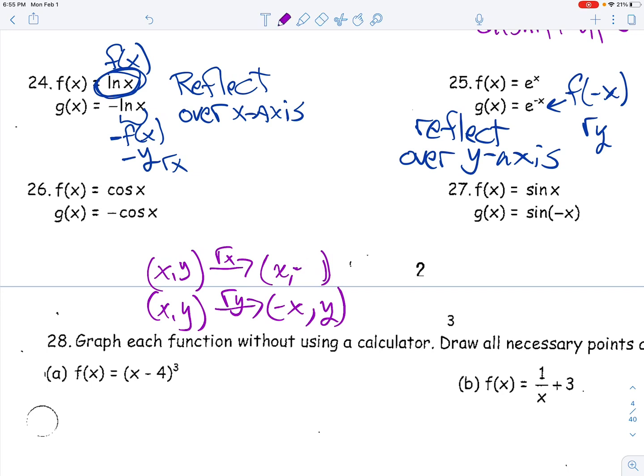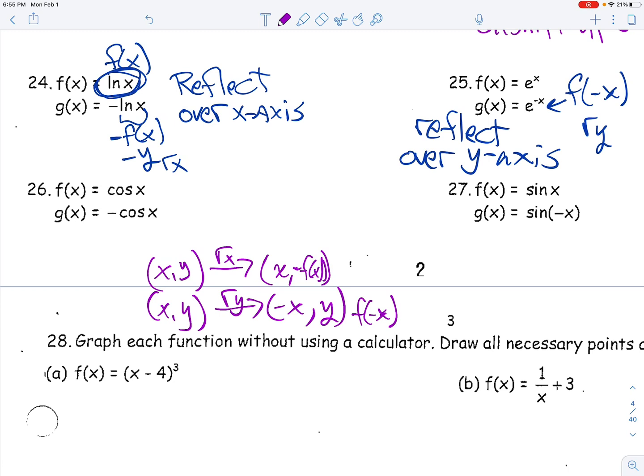So I can say negative f of x here. A reflection over the x-axis means the entire function is negated. f of x negated.